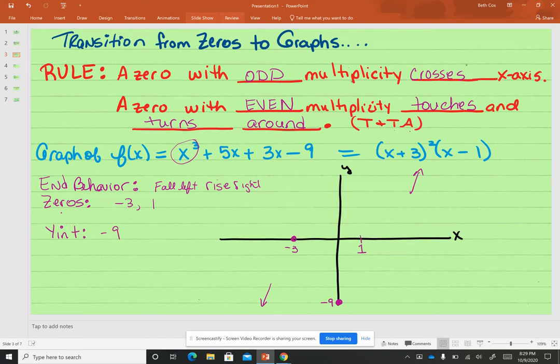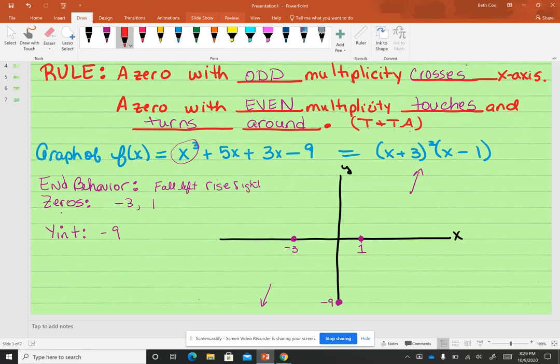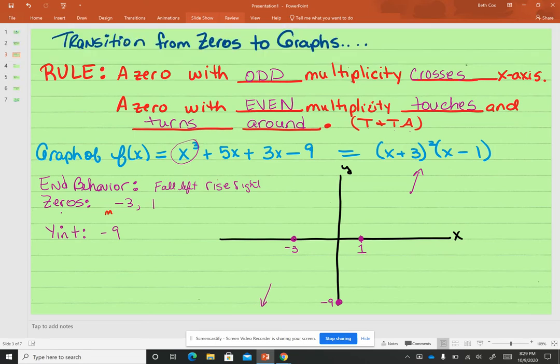Okay, so from this piece of information and this odd and even thing, we're going to be able to sketch this graph. So 0, -3 has multiplicity 2. The -3 is even, so it's going to touch and turn around.